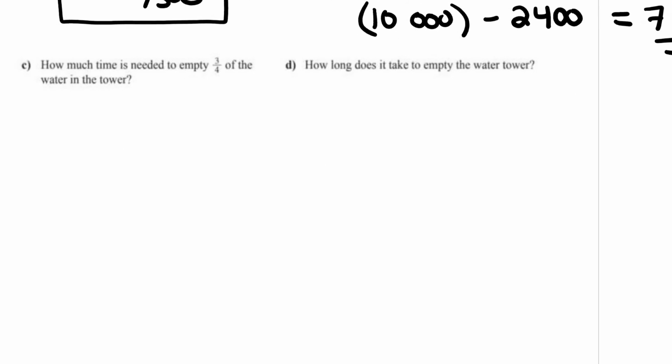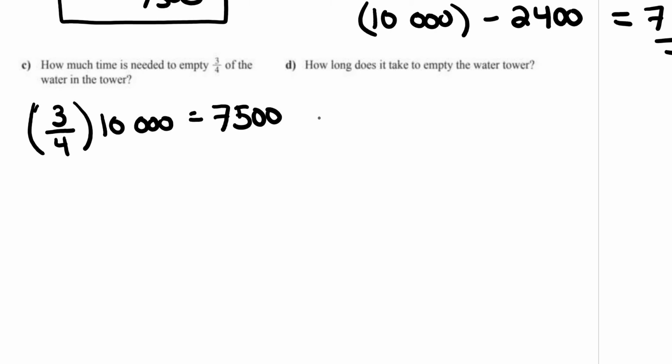How much time is needed to empty 3/4 of the water in the tower? If we want to get rid of 3/4 of the amount of water in the tower, we're really taking 3/4 of the original amount, which is 3/4 times 10,000, and that gives us 7,500 liters.